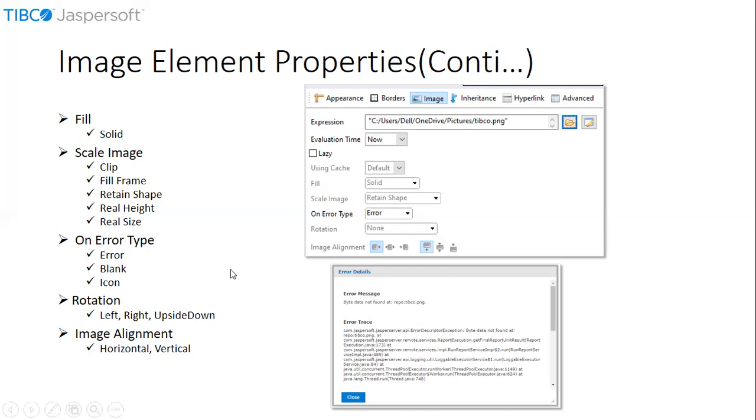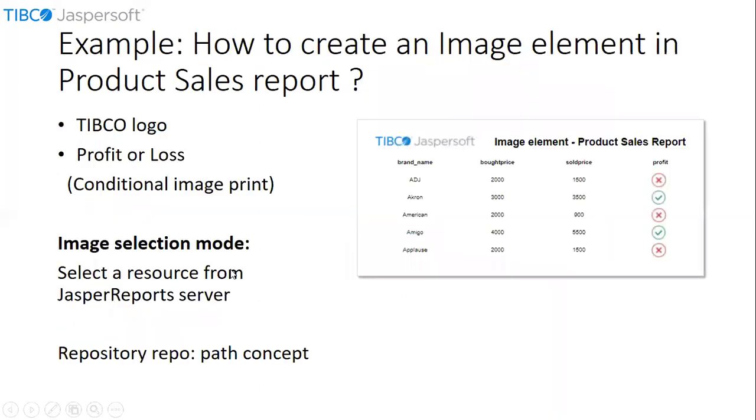Now, let us move on to the example. Let us consider the scenario of the product sales report. In the report, we are going to display the company logo on the title band, and in the details band, we are going to conditionally display symbols to indicate whether the company gained profit or losses for the product sales.